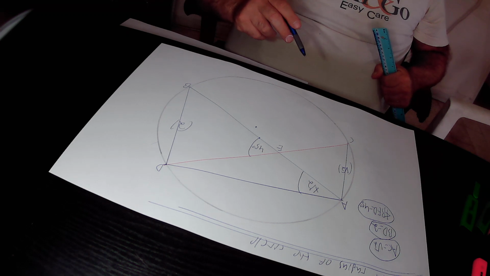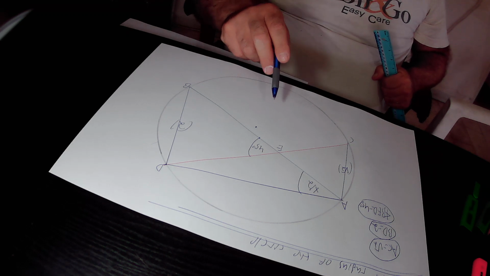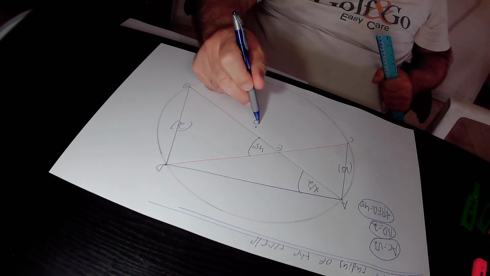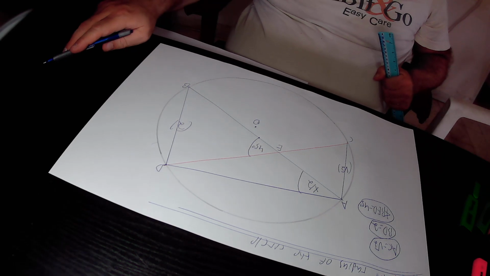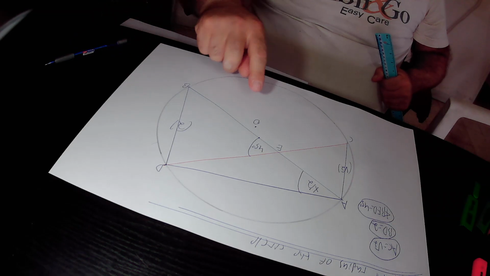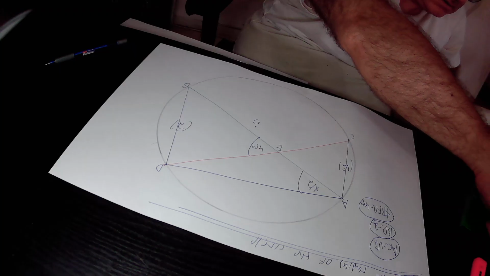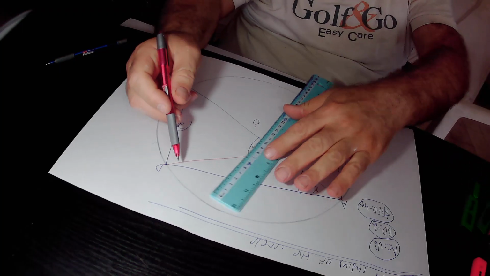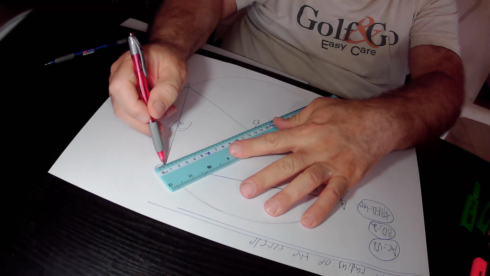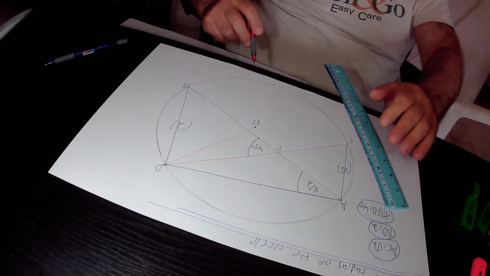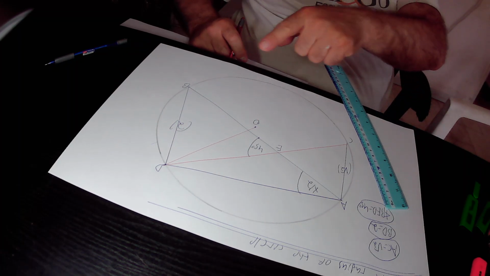The next step, we'll define the center of this circle. This point is point O. We'll join points O and D together by a straight line, and we'll join points O and B together by a straight line.